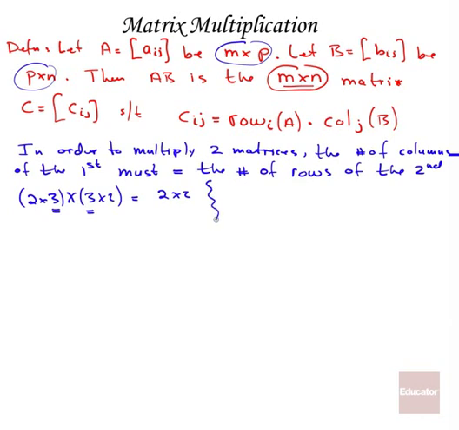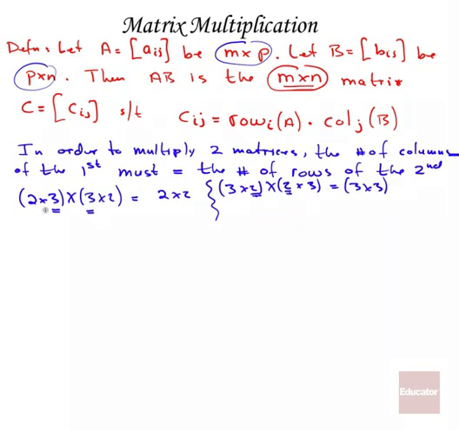Now notice, if I reverse them and I did a 3 by 2 matrix multiplied by a 2 by 3, now it is defined. The number of columns of the first equals the number of rows of the second. So now I end up with a 3 by 3 matrix. Okay? So these are all defined. That'll work.